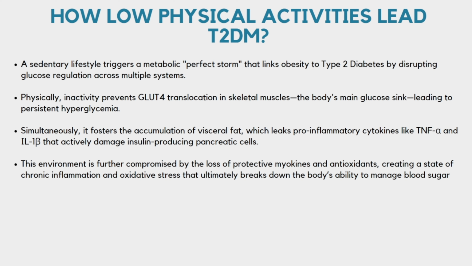So your muscle contraction is reduced, which diminishes blood flow and impairs insulin-independent glucose uptake. So inactivity will prevent the translocation of the glucose transporter GLUT4 to the cell membrane, causing the glucose to remain in the bloodstream and resulting in hyperglycemia.